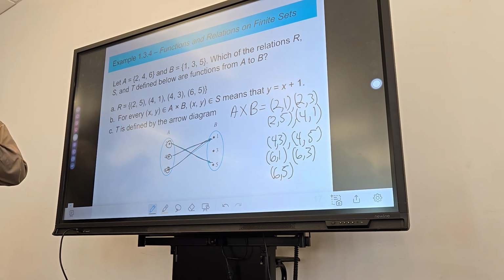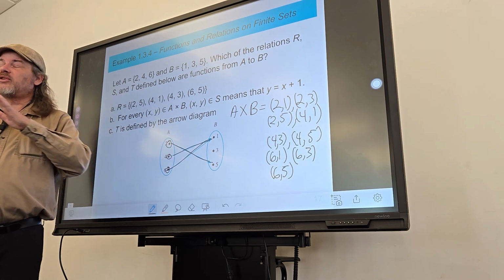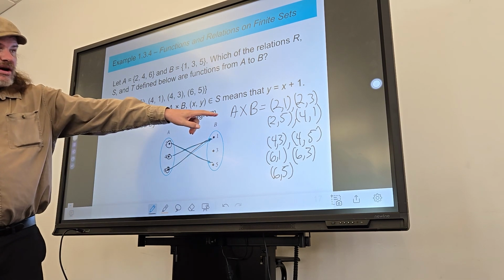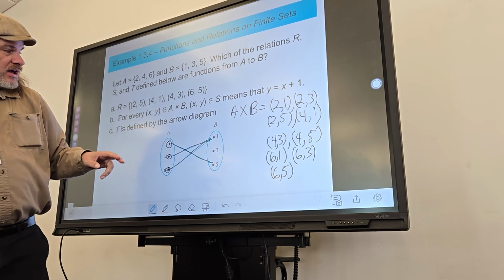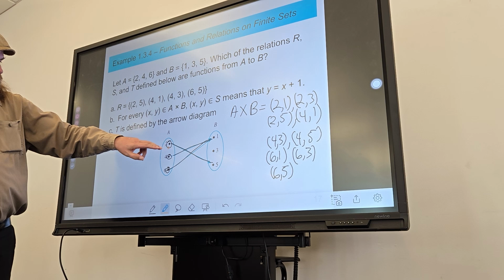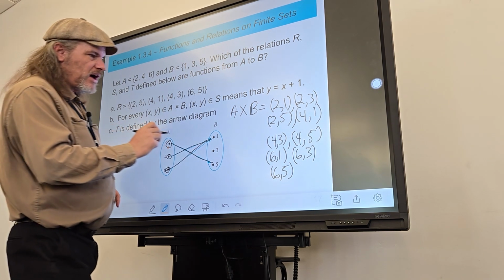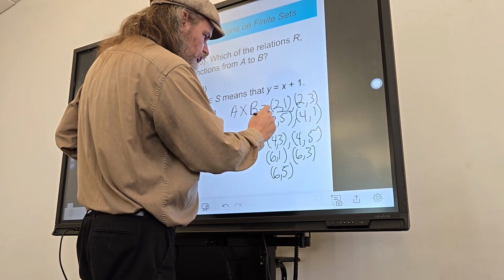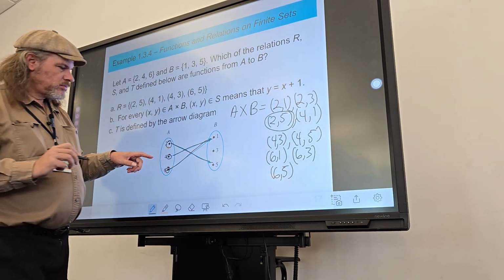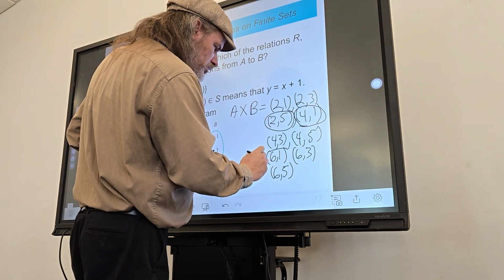A function is a subset of, I'm sorry, let me rephrase. A relation is a subset of this, right? And in this case, the subset is 2, 5, 4, 1, and 6, 1.